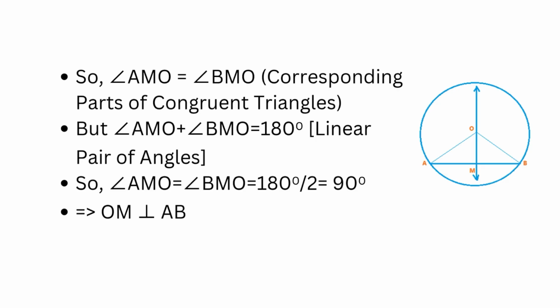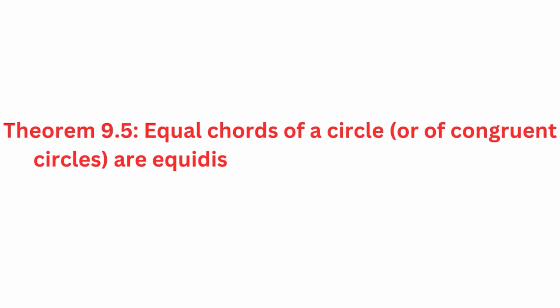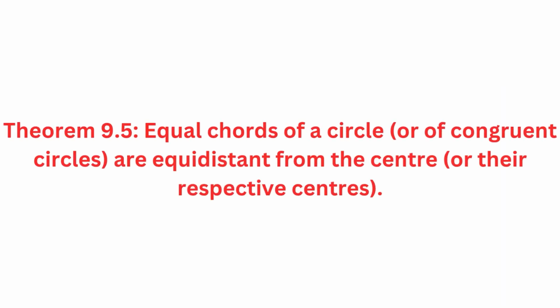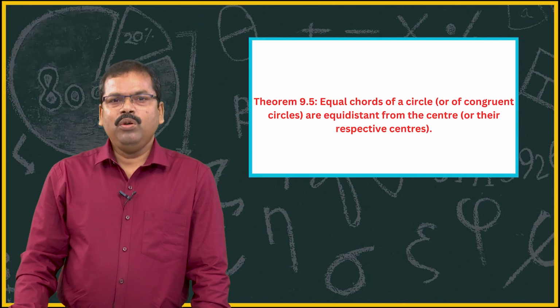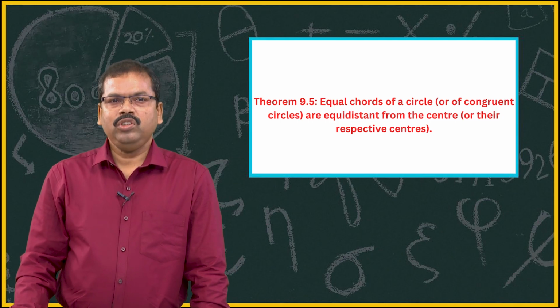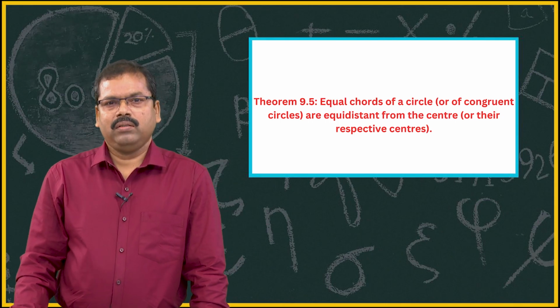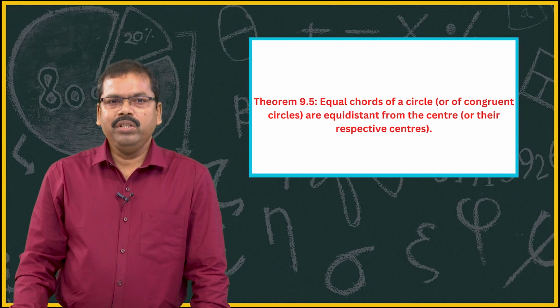You come to Theorem 9.5. Students, here, what is the statement? Equal chords of a circle, I underlined, are equidistant from the center, or equal chords of congruent circles are equidistant from their respective centers.